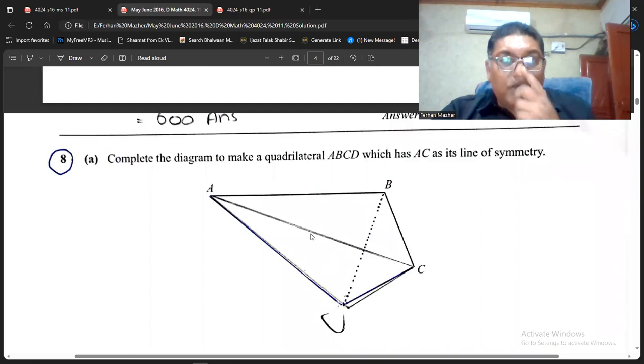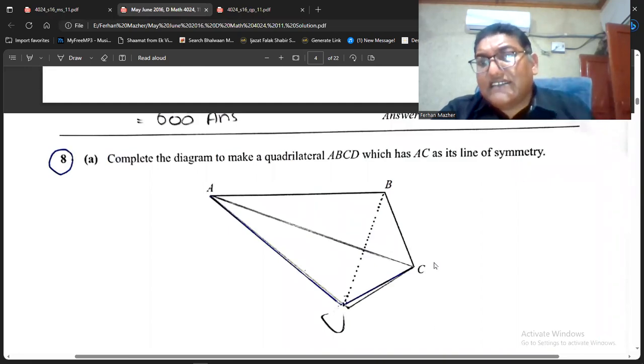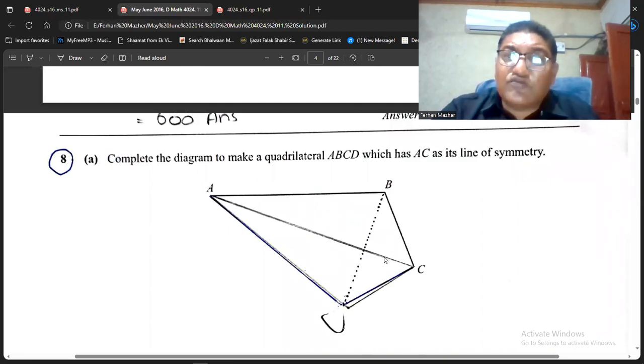Okay, so I joined A and C with each other. So this is the line of symmetry, the line of reflection. I will find the perpendicular distance of B from the AC line with the help of a scale. And the same distance, I will go on the other side, and this angle should be 90. This distance and this distance are the same. So I put a mark here, and this angle is 90.